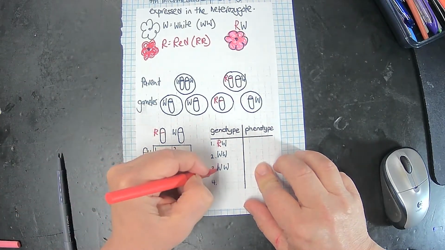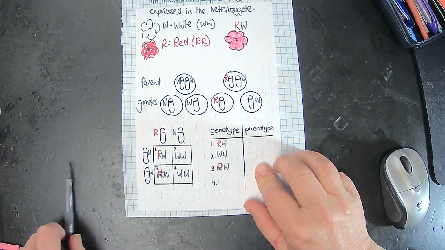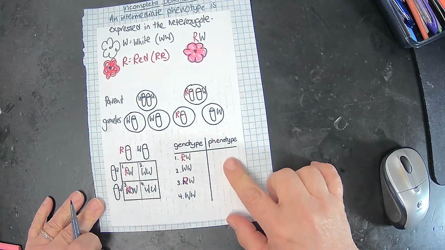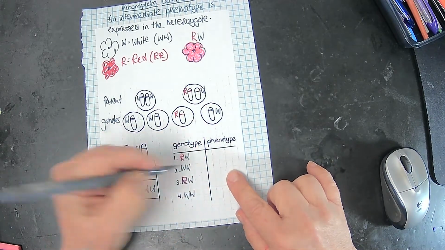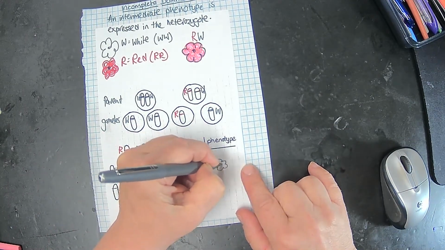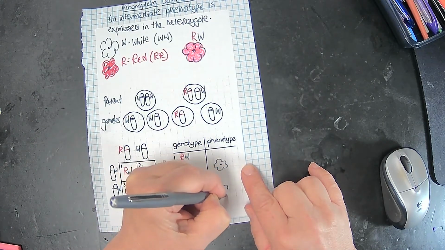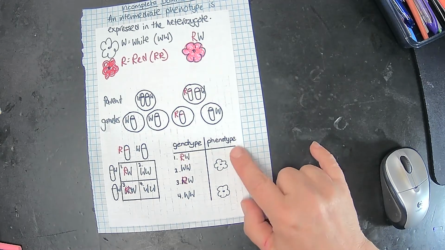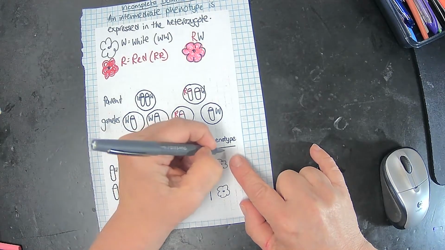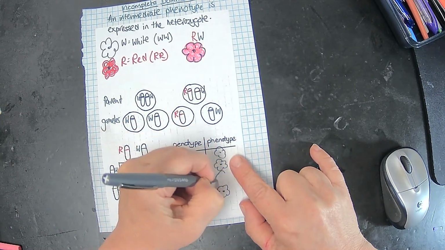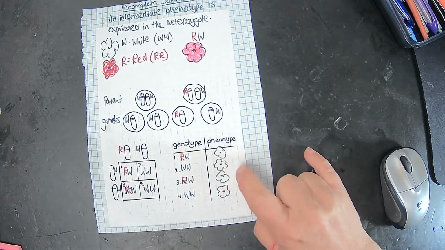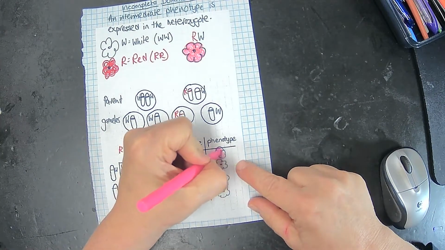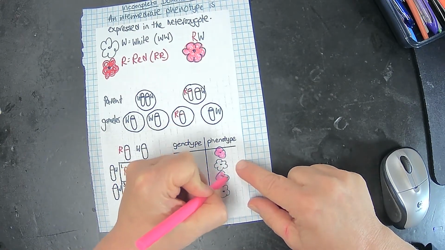So number 3 should be RW, and number 4 will be WW. Okay, so we know that the phenotype for WW is going to be a white flower. And the genotype for these two would be RW. Well, what's halfway between red and white? Would be pink, and that would be pink.